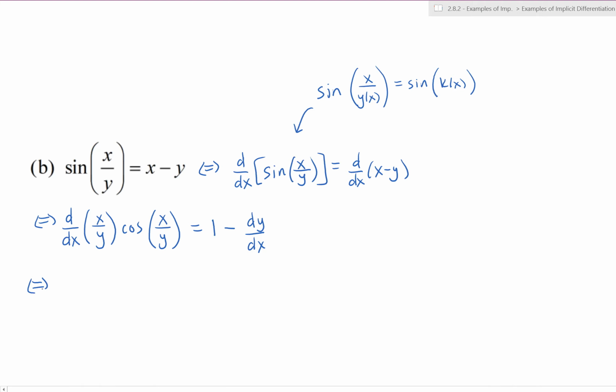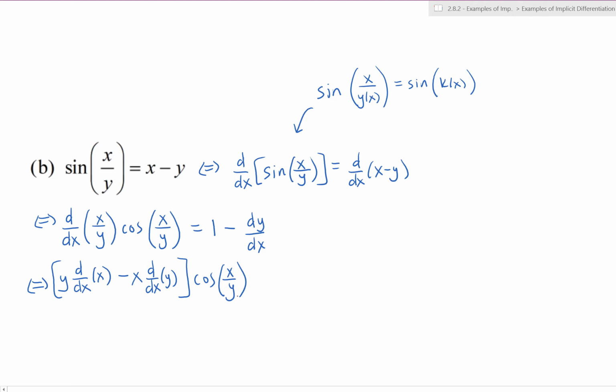We get the denominator y times the derivative with respect to x of the numerator x, minus the numerator x times the derivative with respect to x of the denominator y. That's the numerator part, and all of that is times cosine of x over y.